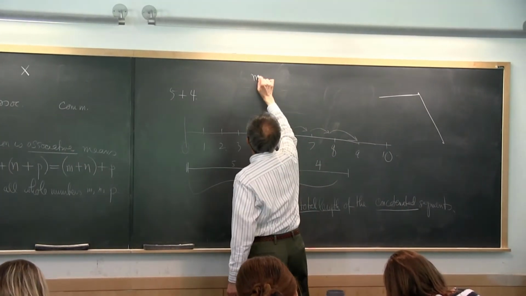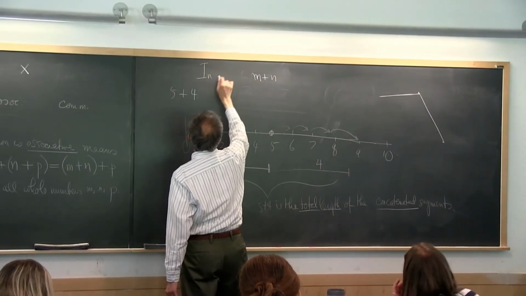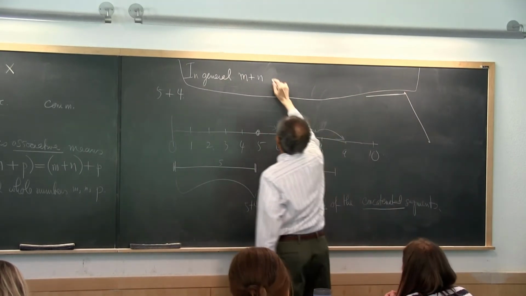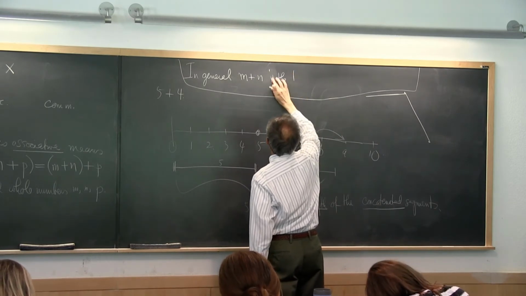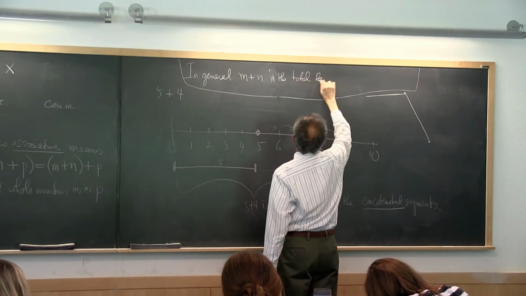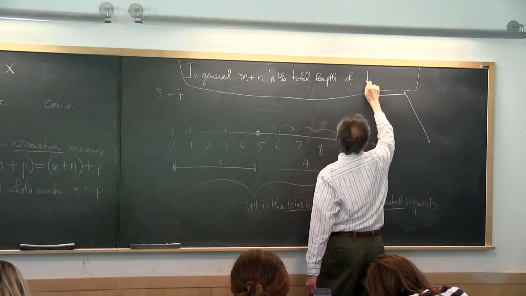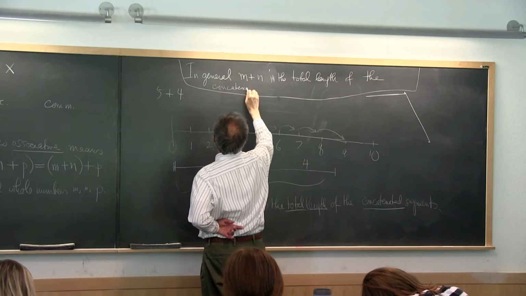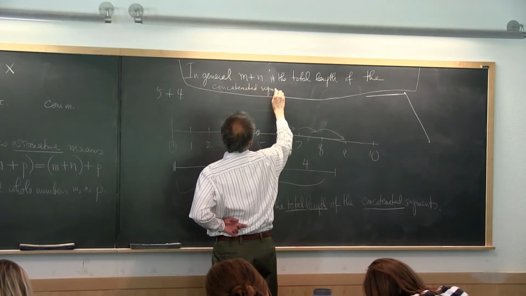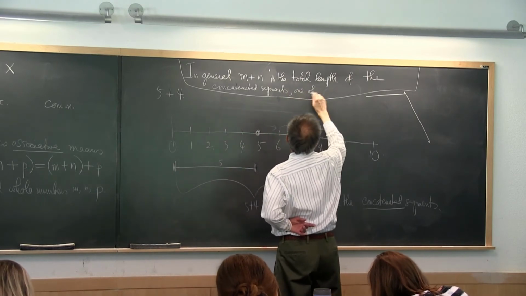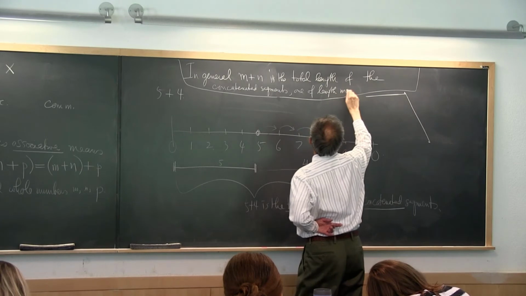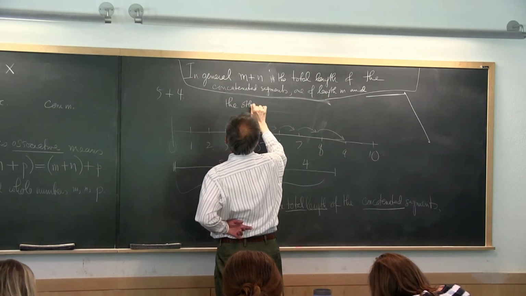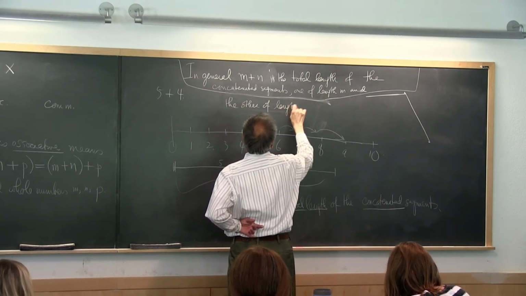So in general, m plus n is the total length of the concatenated segments, one of length m and the other of length n.